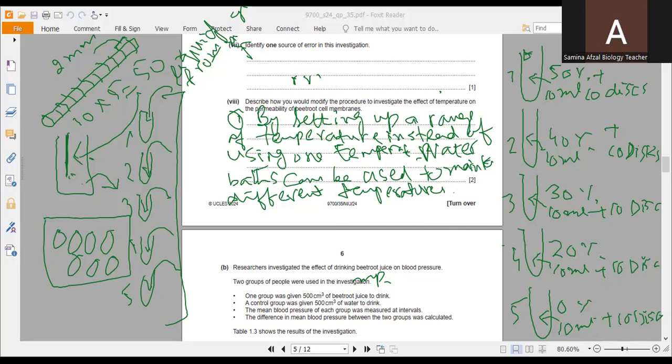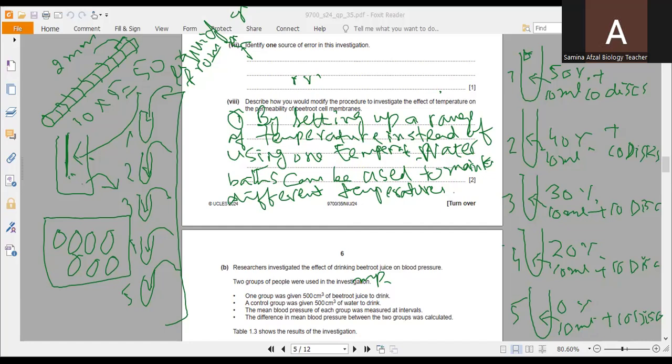And then you can perform the same experiment at different temperatures, and at the end, when you get the results, you can compare the modified procedure's results and the other which you have already done. So it will give you a direct comparison of beetroot membrane permeability across a range of temperatures.